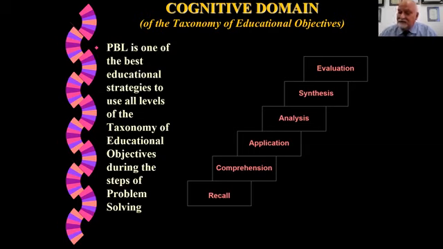Then added in the updated classification, a new level, which is called creation. Please remember all these levels because we are going to link these levels to the steps of problem solving.